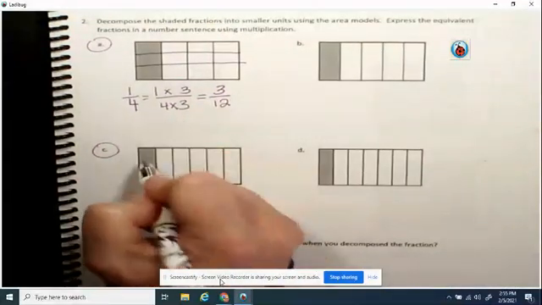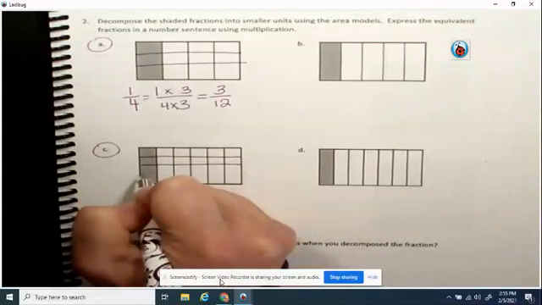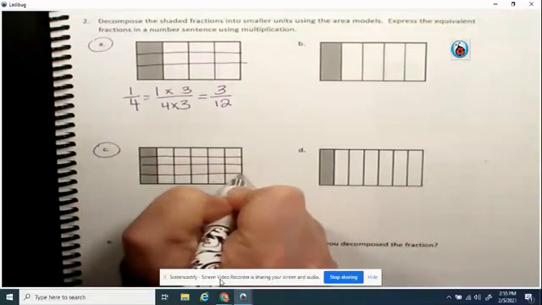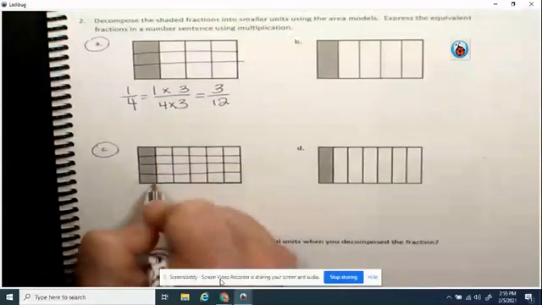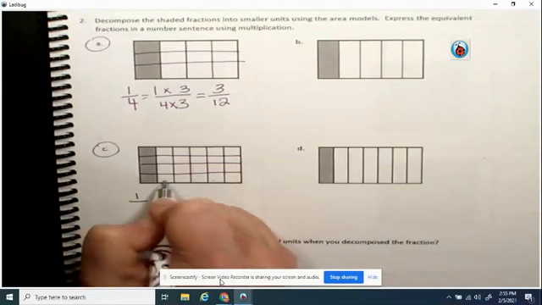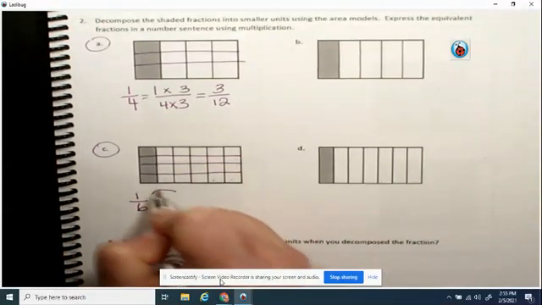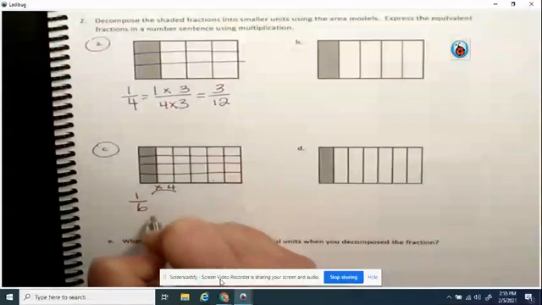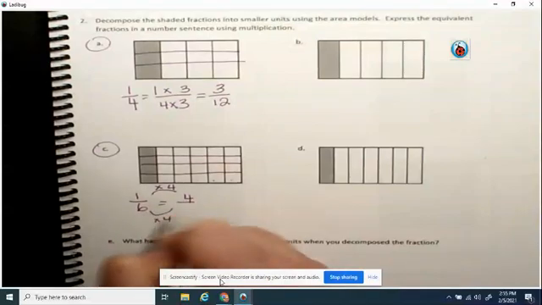Okay, this one down here I'm going to cut up into 1, 2, 3, 4 pieces. So I've cut that up into 4 pieces. So I started with 1, 2, 3, 4, 5, 6. Okay, and I'm going to do the rainbow on this one. I cut it into 4 pieces, cut it into 4 pieces. So 1 times 4 is 4, 6 times 4 is 24.